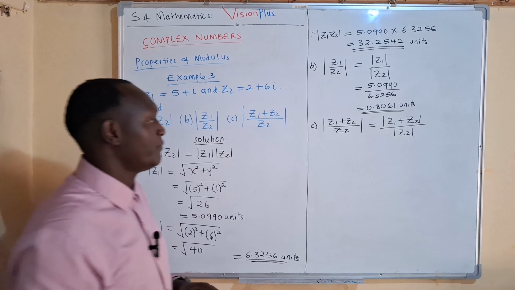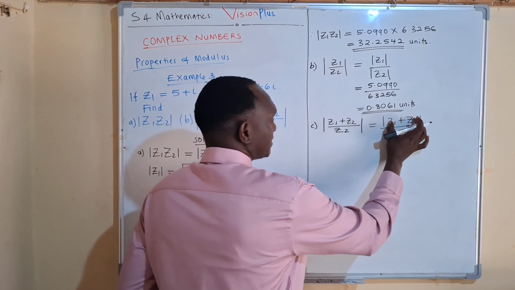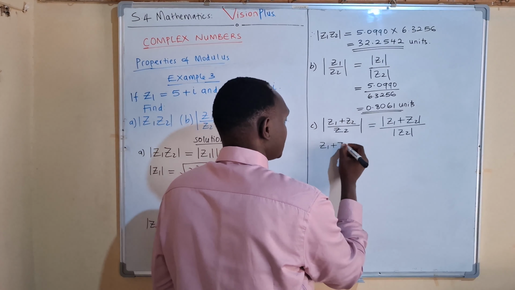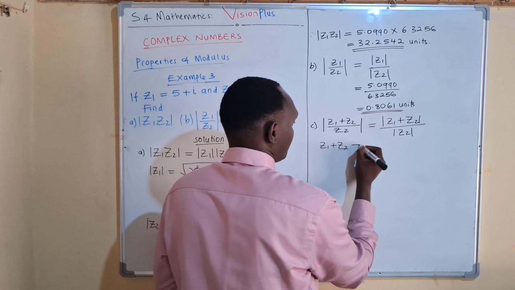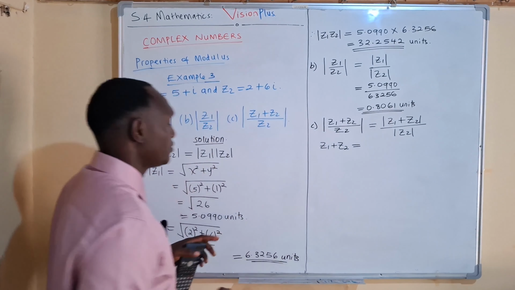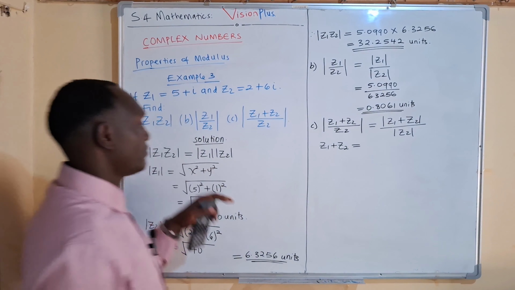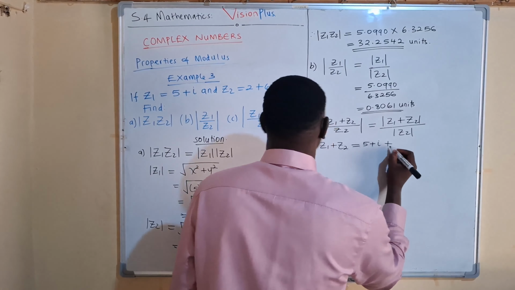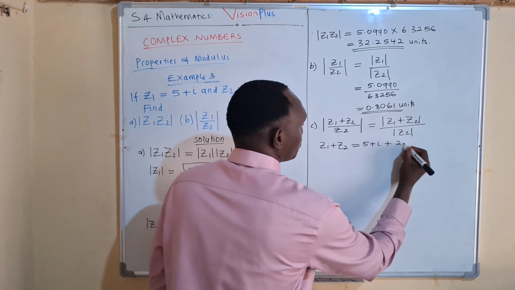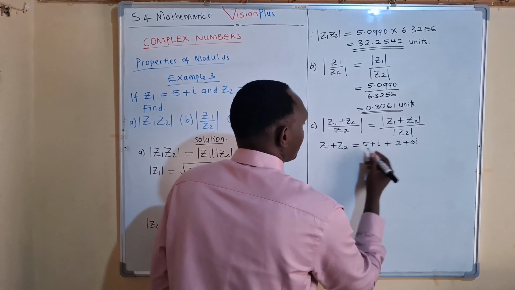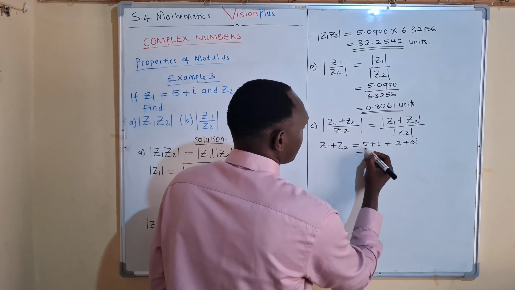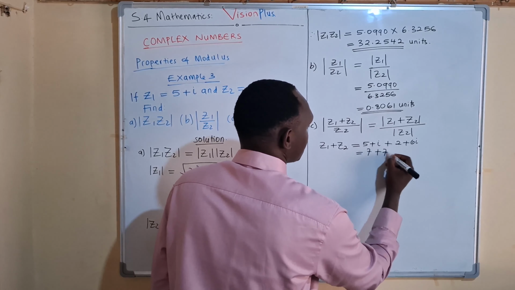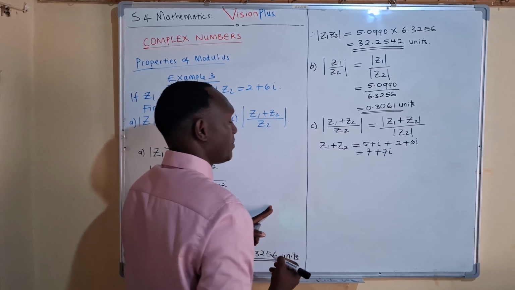So simply, for us to be able to get this, we need to first get the value of z1 plus z2. That means we need to substitute for z1 and z2. z1 is 5 plus i, and then plus z2, which is 2 plus 6i. Then if you collect the like terms, 5 plus 2, you get 7, plus i plus 6i is 7i. This is z1 plus z2.